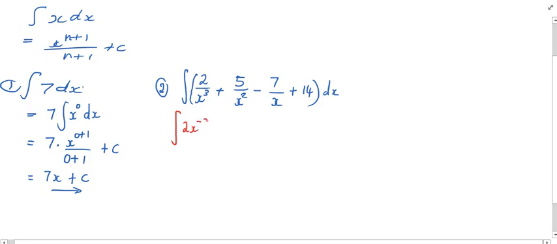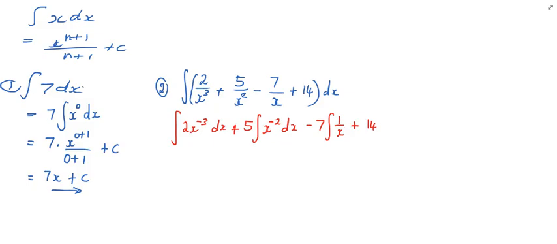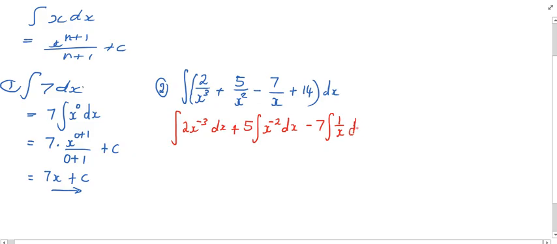So we have to rewrite this as 2 the integral of x to the power of negative 3 dx plus 5 the integral of x to the power of negative 2 dx minus 7 the integral of 1 over x dx, and then plus 14 the integral of 1 dx.